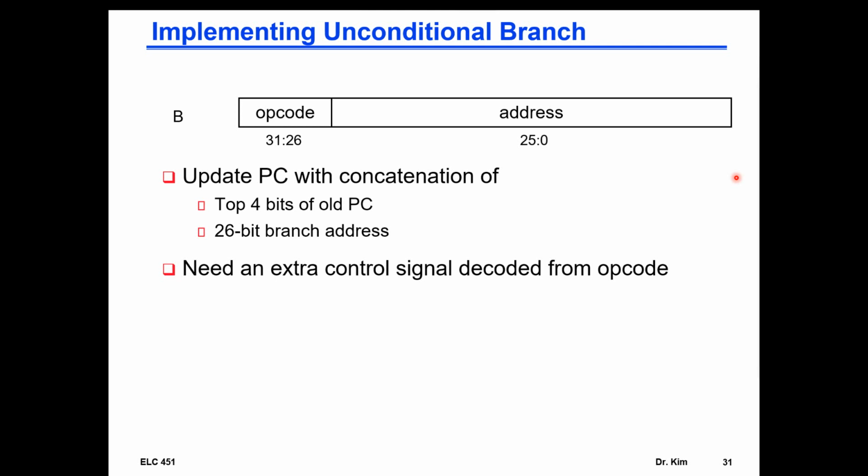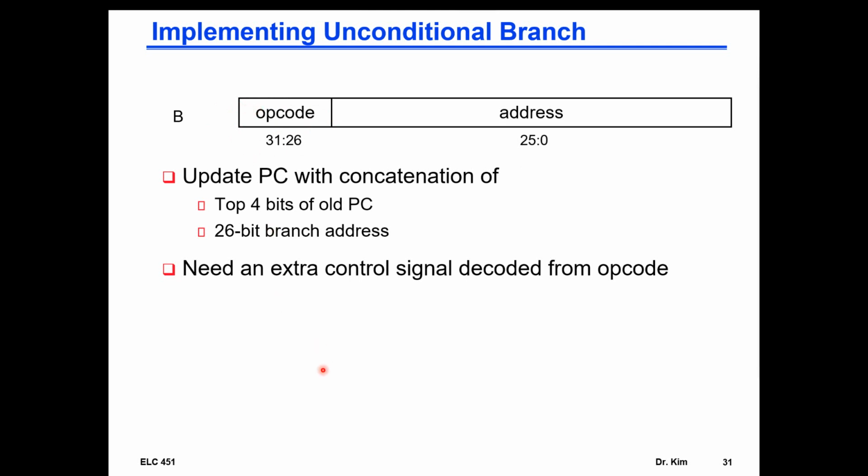The type of addressing mode that this instruction uses is by concatenation with the top 4 bits of the old program counter. So this is a 26-bit field. And that's the most we can have because we need these bits for the opcode.